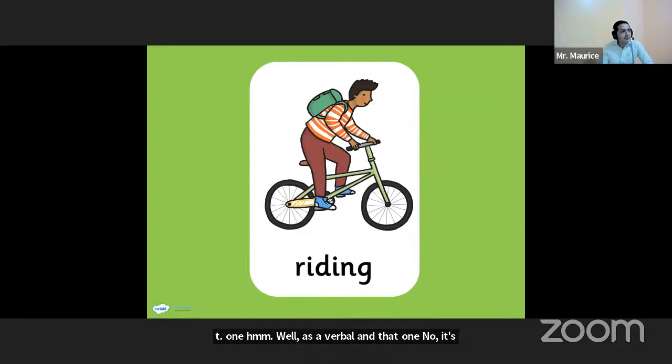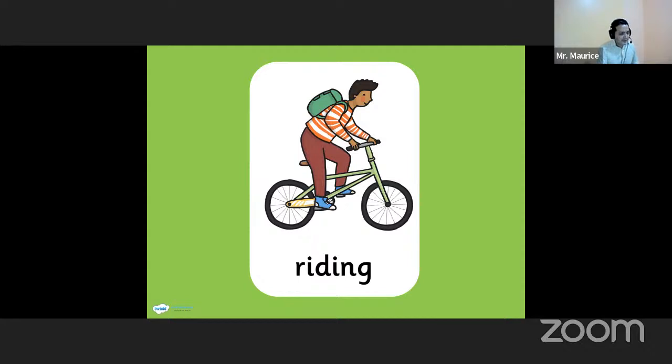Este verbo usted lo va a encontrar en los diccionarios como cabalgar, montar, pero la mayoría de español que utilizamos en América Latina, decimos andar. Andar en bicicleta, voy a andar en mi bici.